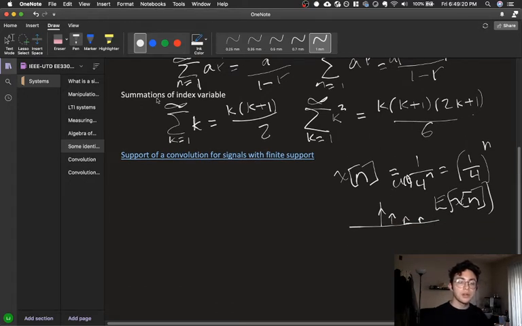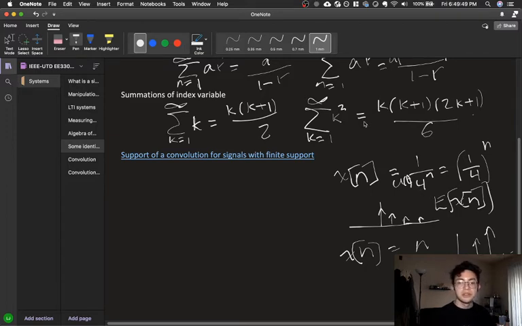Also, one that might be useful: these summations of the index variable might come up if you had some x of n, let's say x of n is equal to just n, where it just goes up infinitely: 1, 2, 3.